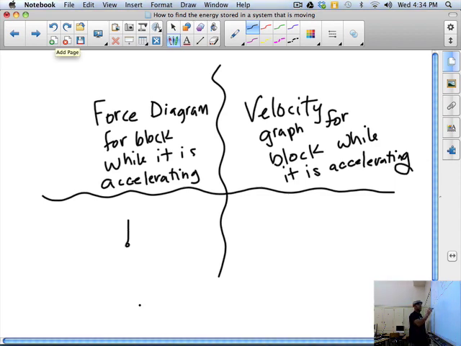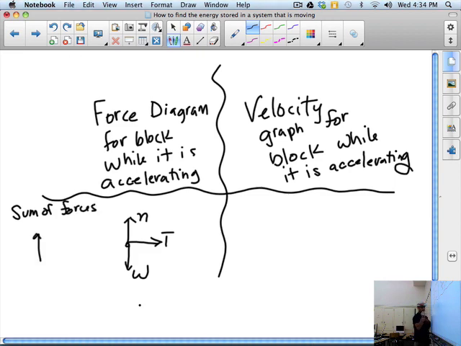We got weight. No, that's normal force. Tension, weight, normal force, and the rope is pulling to the right. Okay, there's no friction. So if we do the sum of the forces and we add the vectors, we got normal, weight, tension.